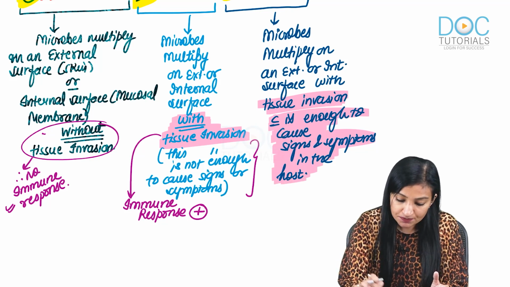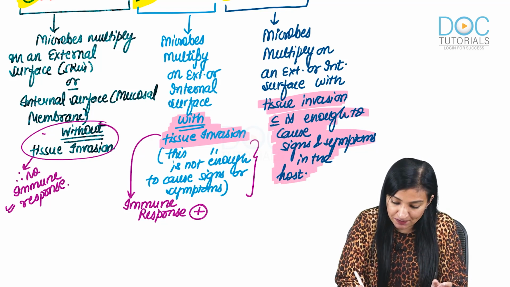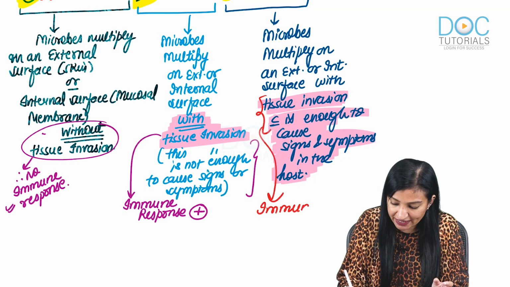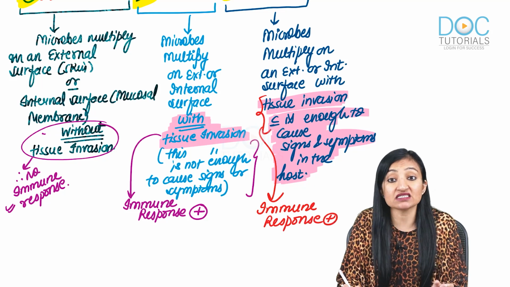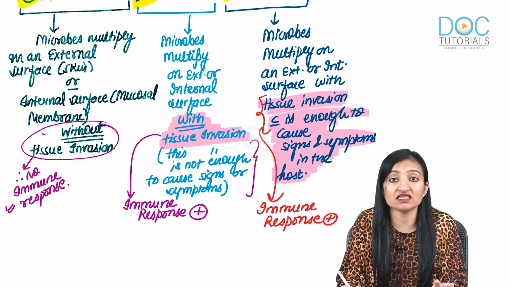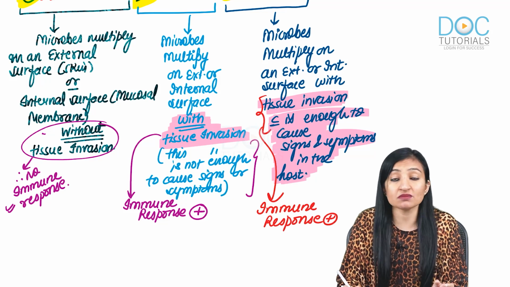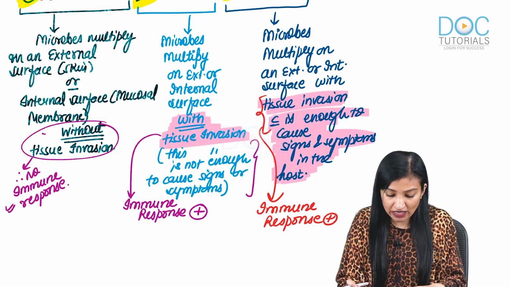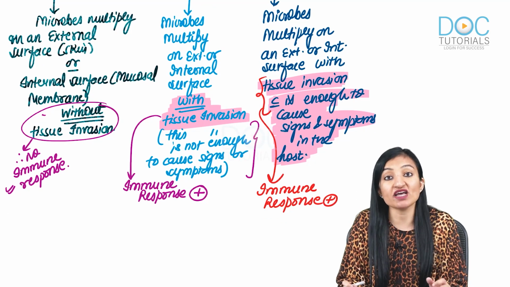Because tissue invasion is present, here also we expect some kind of immune response by the host. When the host is getting disturbed by tissue invasion, the immune system is not going to keep quiet. The immune system is our friend. As I told you previously, we are never alone.